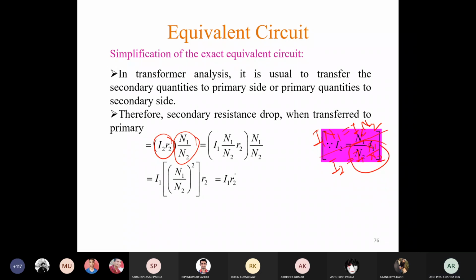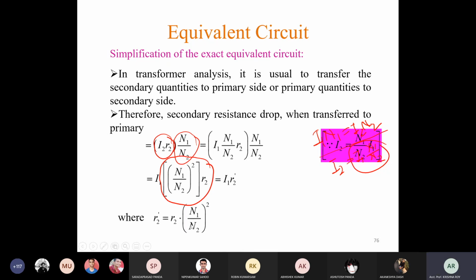Isn't it? We have seen this transformation technique. Yes, sir. So this part is actually R2 dash. That means this secondary resistance, when transferred to the primary side, becomes I1 into R2 dash.